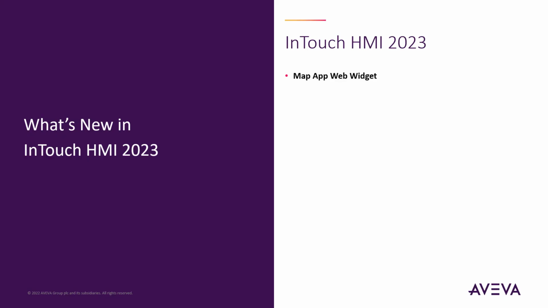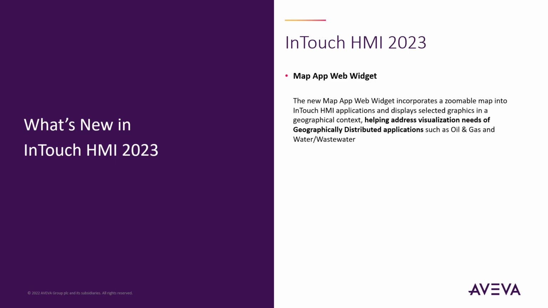In InTouch HMI 2023, we have introduced a new web widget called the Map App web widget. The new Map App web widget helps you incorporate a zoomable map into any InTouch HMI application to display selected graphics in a geographical context, helping address the needs of geographically distributed applications such as oil and gas, power, water, wastewater, and so on.